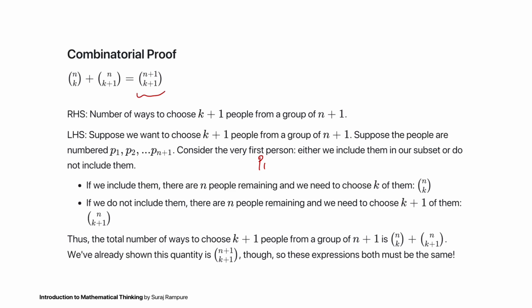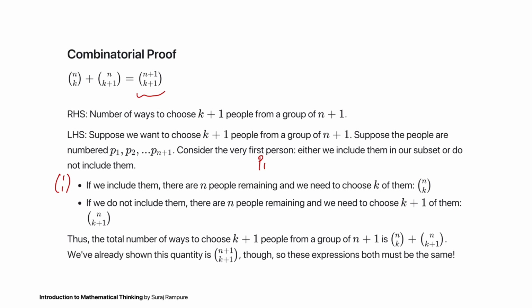If we include them, which we can do one choose one way, so that's why I didn't write one choose one, there are n people remaining, and we need to choose k of them, right? Because there's n plus 1 total, we chose one of them, and we need to choose k plus 1 people total, right? We already chose one person, so we need to choose k more. So there's n choose k ways to do that.